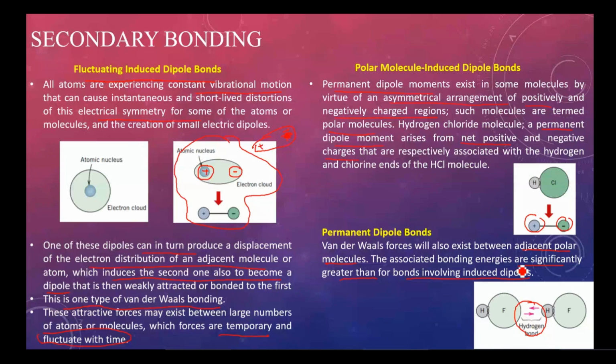Yes sir. So it means that those who form ionic bonds also form polar molecule induced dipole bonds. Because usually an ionic bond may fluctuate. In ionic bonding, essentially there is a sodium ion that is already positively charged. Yes, that is Coulombic attraction that is taking place.